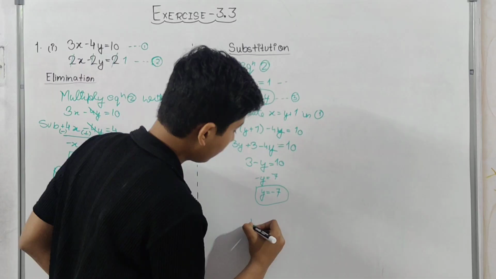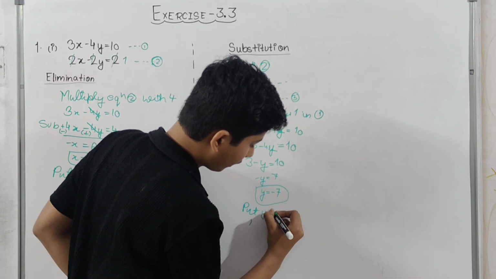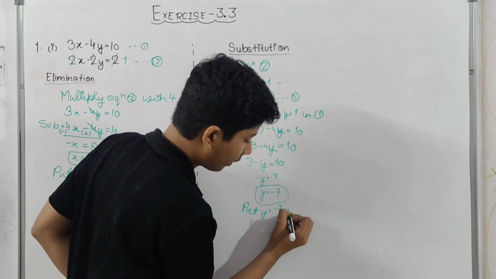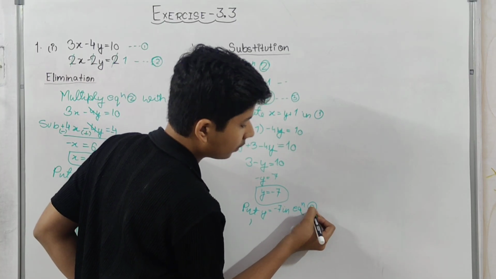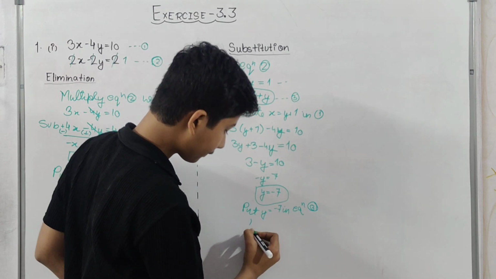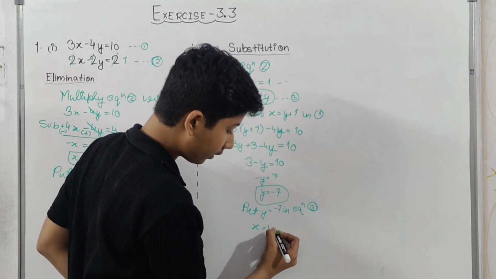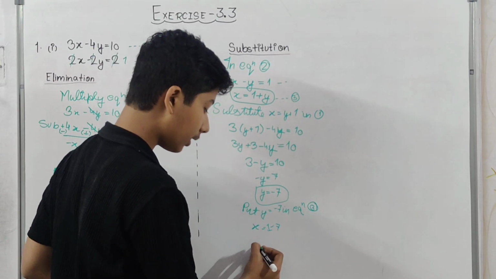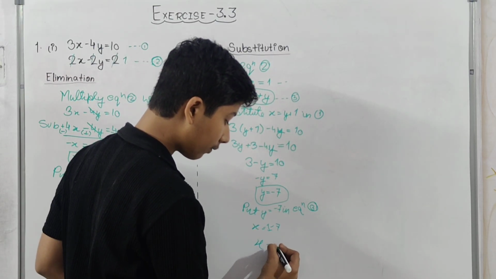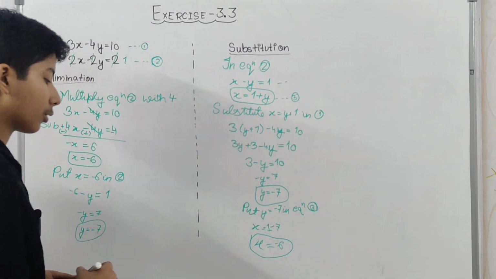So put y equals to minus 7 in equation 3. So we'll get x equals to 1 minus 7, because 1 plus minus 7 is 1 minus 7, so x will be minus 6. Hence we have got our answers.